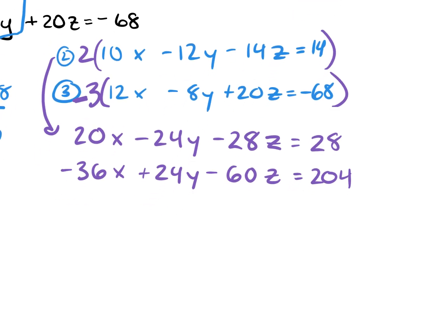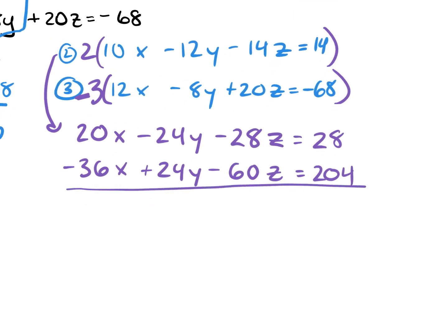Now will our y's eliminate? Yes. So y's cancel. What's 20x minus 36x? Negative 16x. Negative 28z minus 60z? Negative 88z. And then 28 plus 204? 232.